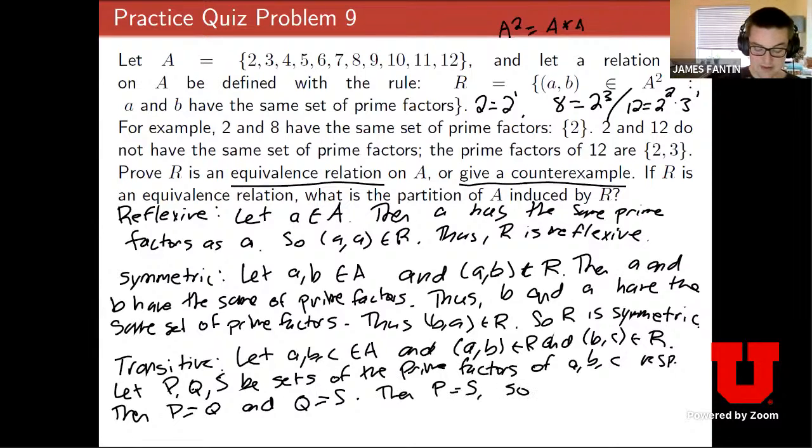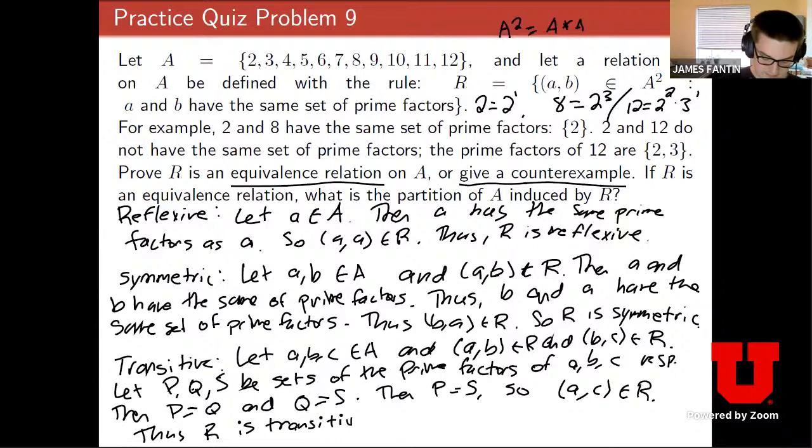In other words, A and C have the same set of prime factors. So AC is in the relation. Thus, it's transitive. And since we proved all three of these, we proved it's reflexive, we proved it's symmetric, we proved it's transitive, thus it's an equivalence relation.